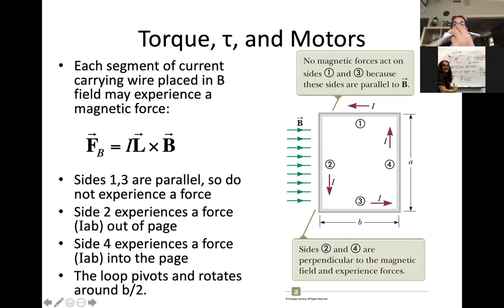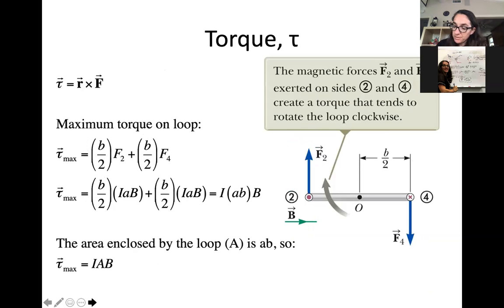We're pivoting about the middle point, and so we're going to get a rotation that ends up looking like this. One side feels an upward force, one side feels a downward force, and we create a torque. Notice how here I'm looking at the maximum, right? And the maximum is when these forces are perfectly perpendicular to that lever arm, to the distance between the pivot and the force.